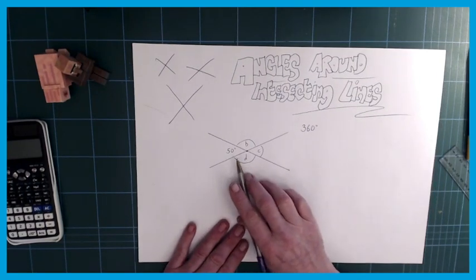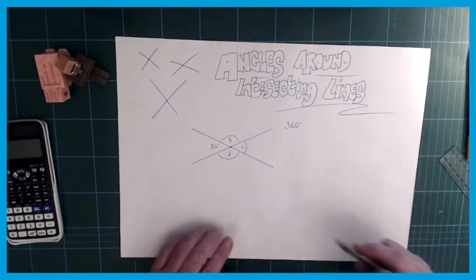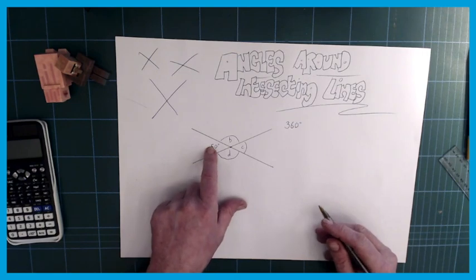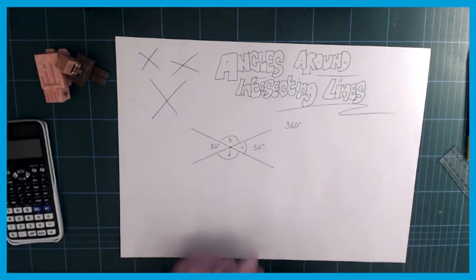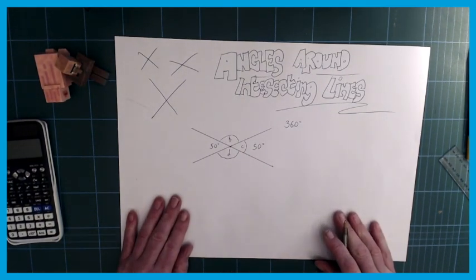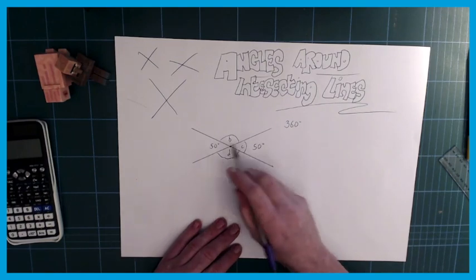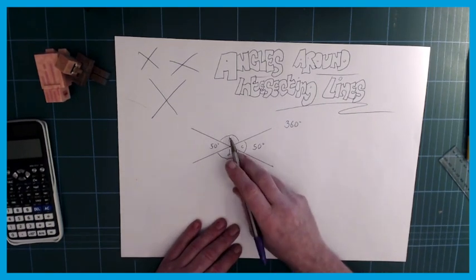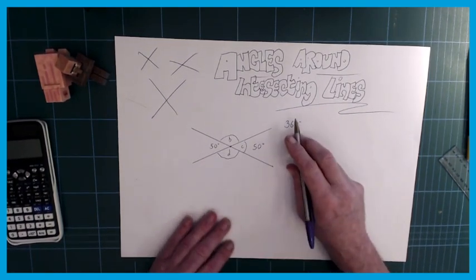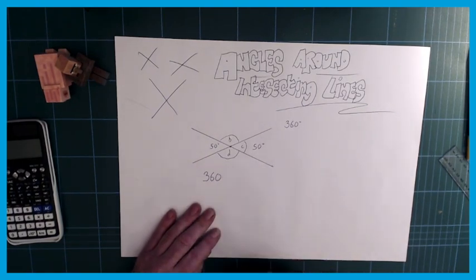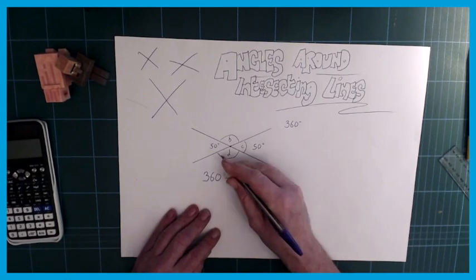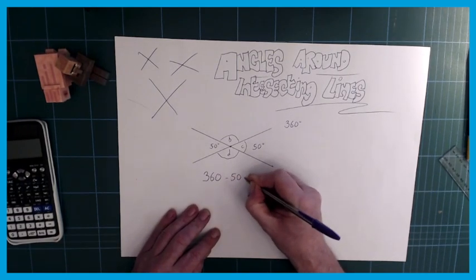So we're going to look at this carefully here. We've got 50 degrees here. So if that's 50 degrees, the opposite angle must also be 50 degrees. Now we know two angles, and we know two that we don't know. So let's do one step at a time. Let's do 360, take away 50, take away 50.